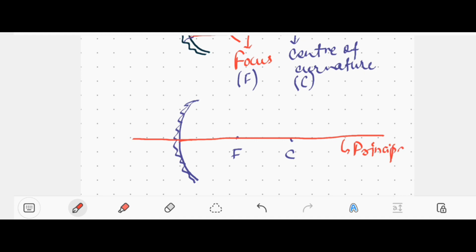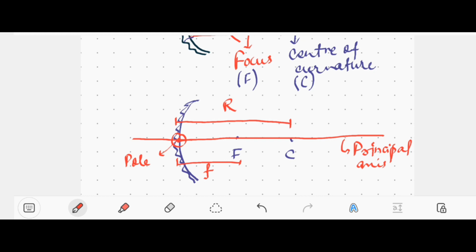The point where the principal axis meets the surface of the mirror is called the pole. The length between the pole and the focus is known as the focal length, and the length between the pole and the center of curvature is called the radius of curvature.